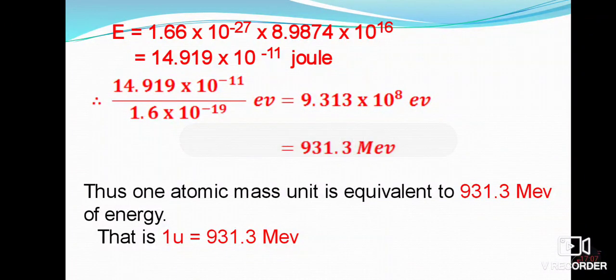This is what we can discuss regarding the experimental verification of Einstein's mass energy relation, as well as the energy equivalent to 1 atomic mass unit. This is very important while solving problems. Just remember, 1 atomic mass unit is equal to 931.3 MeV. Thank you.